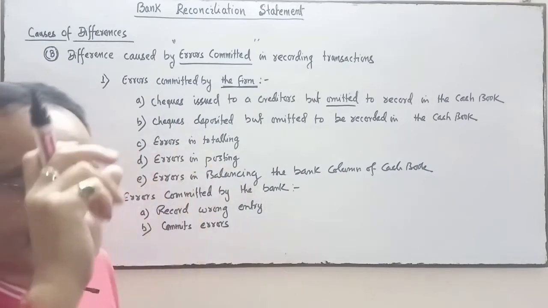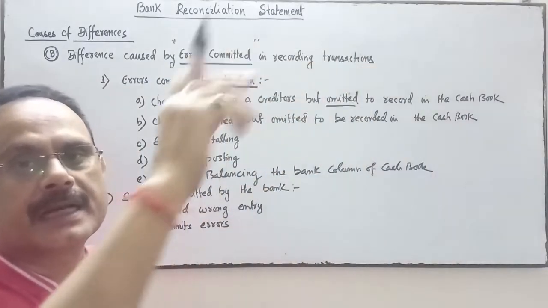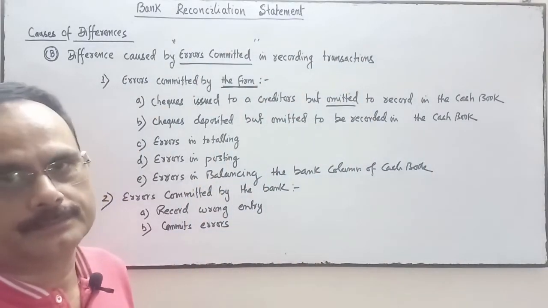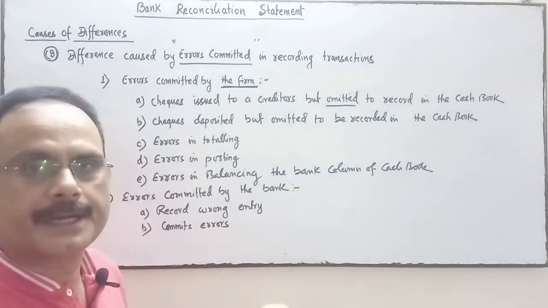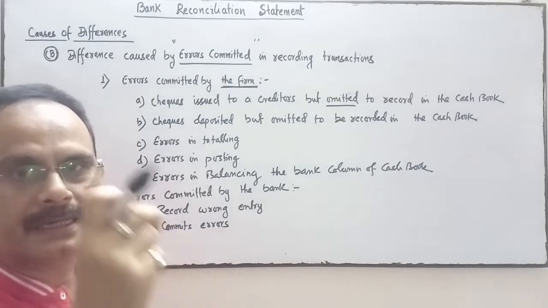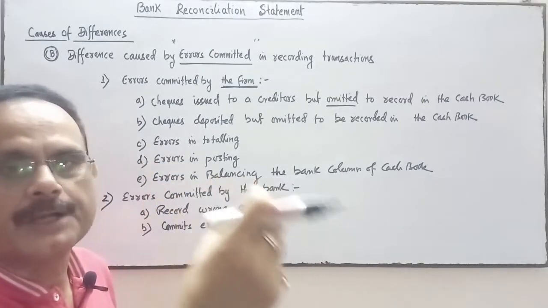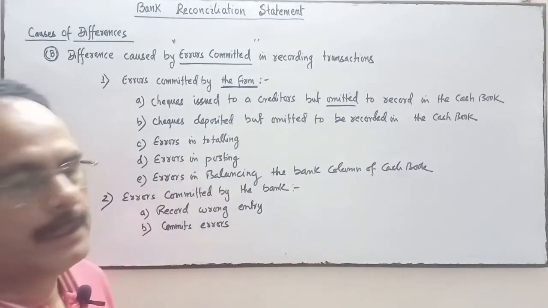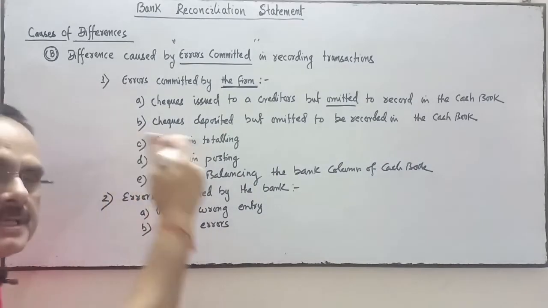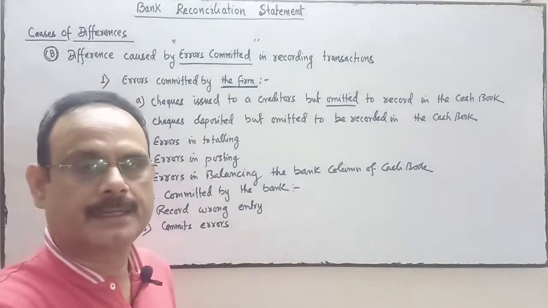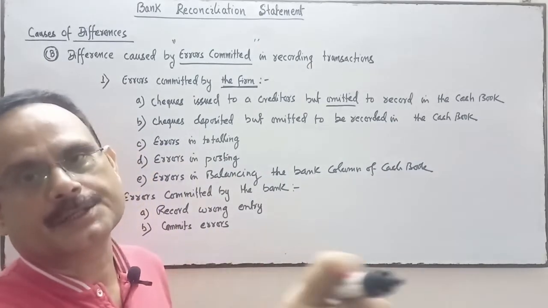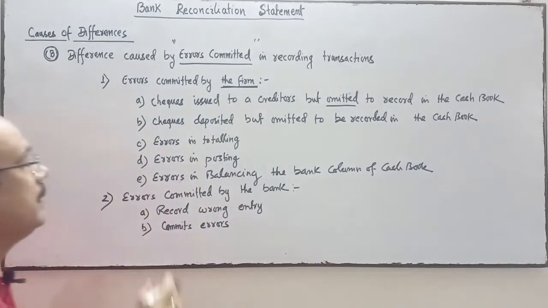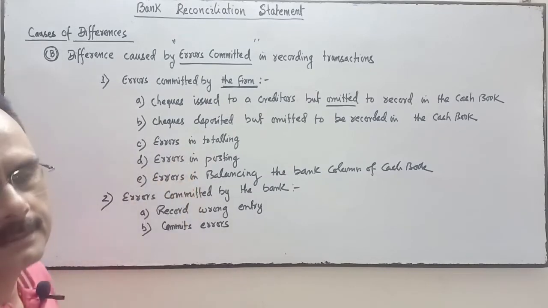Forget to record that transaction in the credit side of the cash book in the bank column. Second is a check deposited into the bank but omitted to record in the debit side of the cash book. Is it clear?